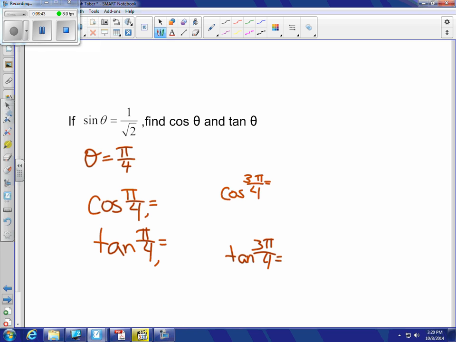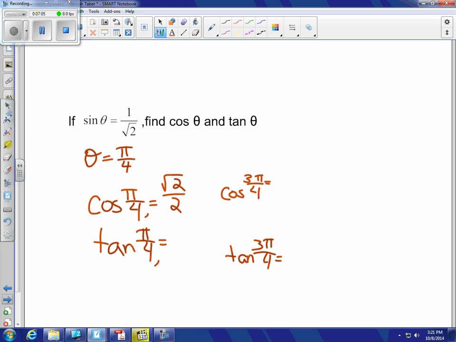Okay, so if we're doing cosine pi over 4, what does that equal? Go back to your table. I'm not going to keep doing that. So cosine of pi over 4, that gives us square root 2 over 2. And we know it's positive, right? Because it's in our first quadrant. In our first quadrant, all of our trig functions are positive.